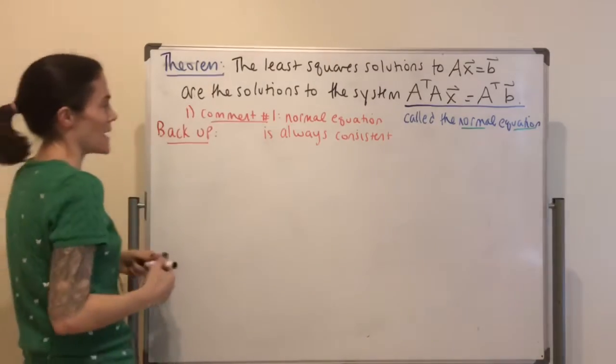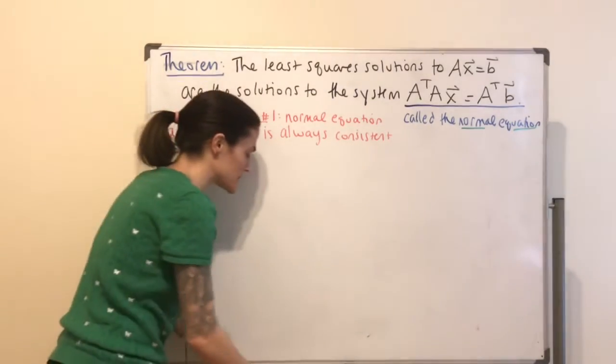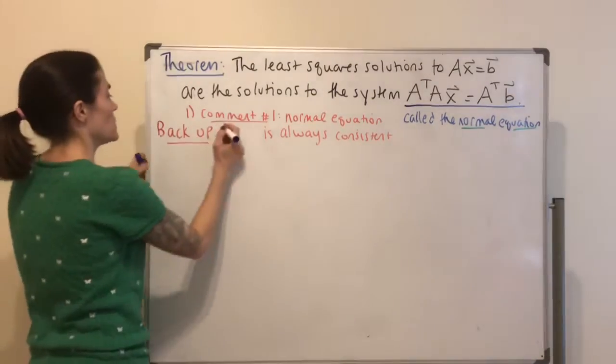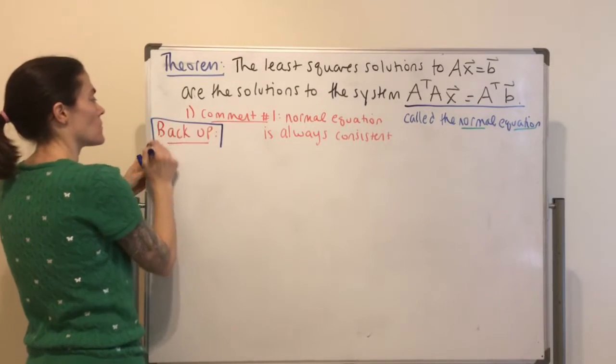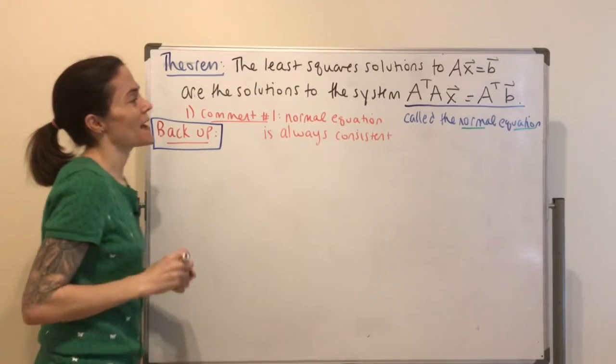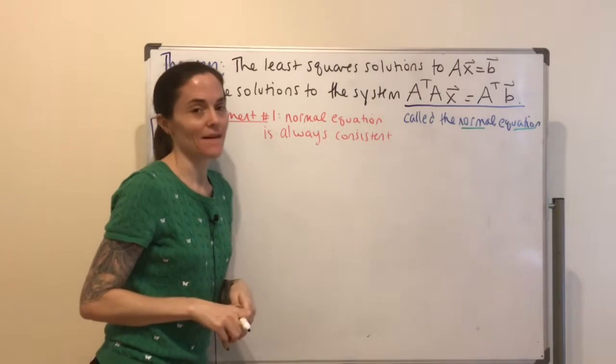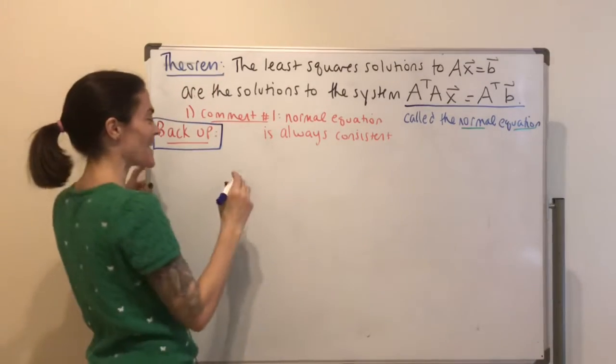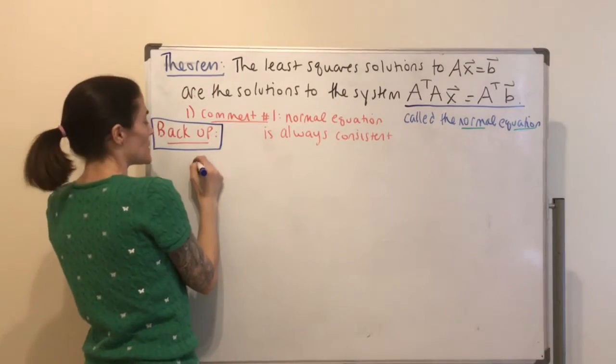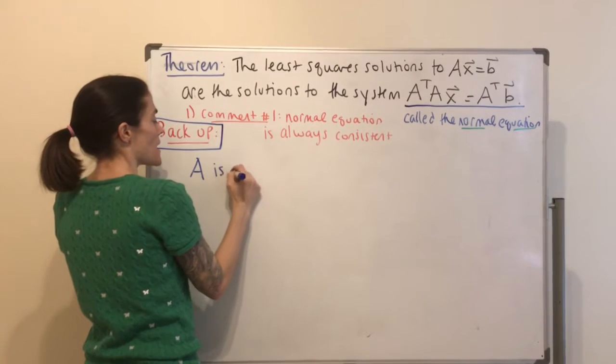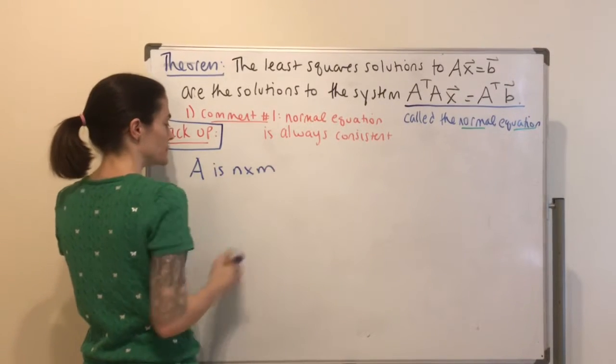But first I have to back up, as I said. And the backup is to talk about, we're going to go back and spend a little bit of time with orthogonal complements. Okay. Well, let's suppose A is n by m.